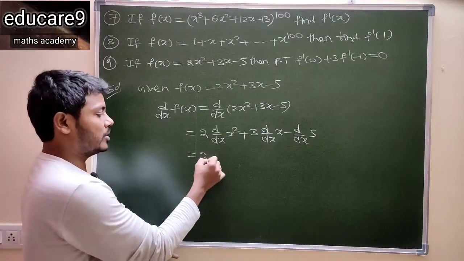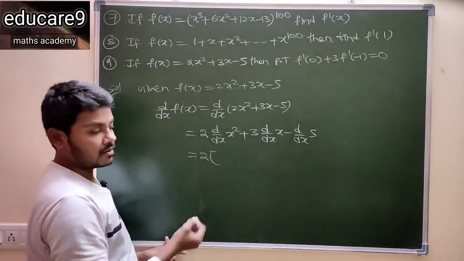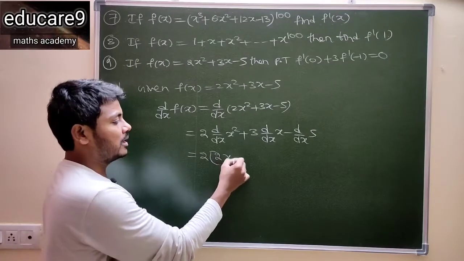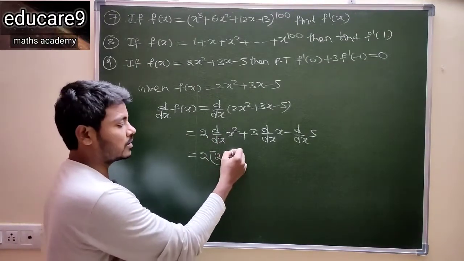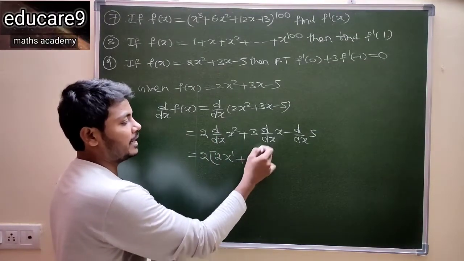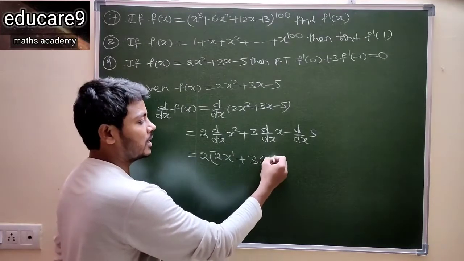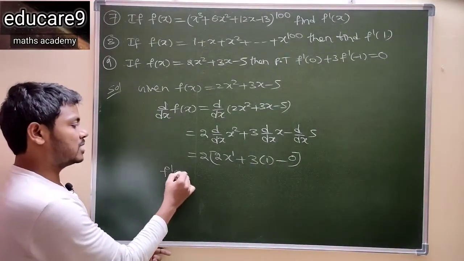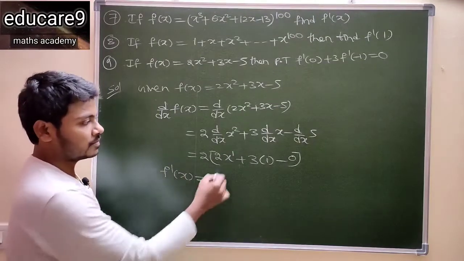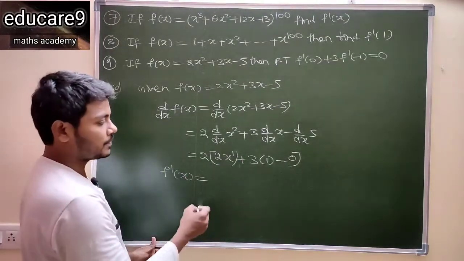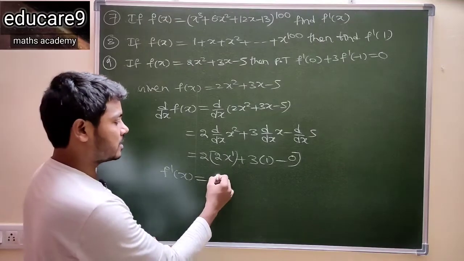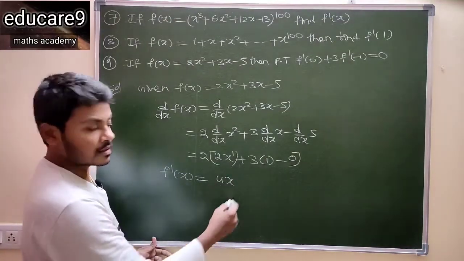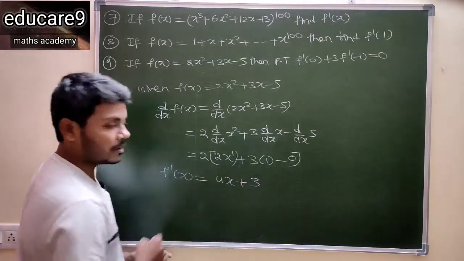So this is 2 into n into x to the power of 2 minus 1, that is 1, plus 3 into the derivative of x, which is 1, and the derivative of a constant is 0. So therefore f dash of x is 2 into 2x, that is 4x plus 3.